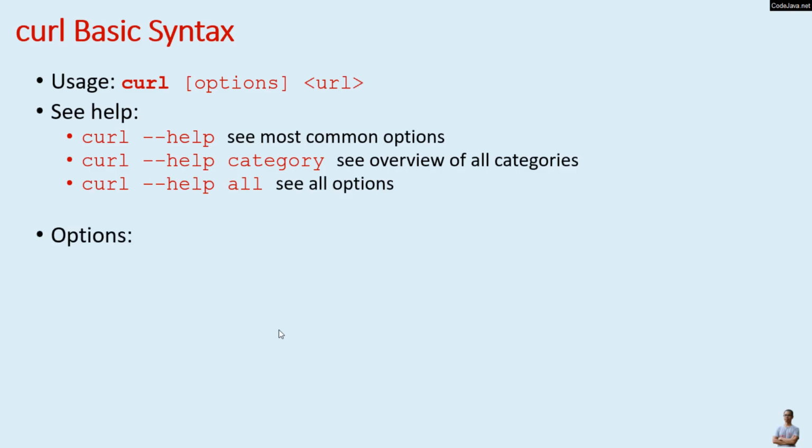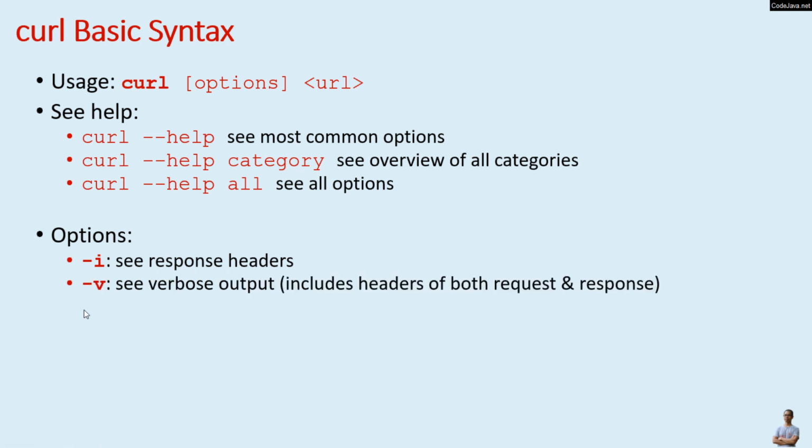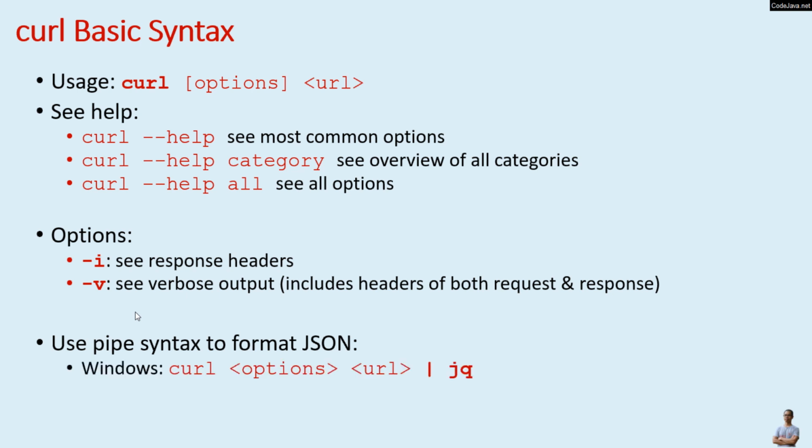Okay. And when testing REST APIs, you can use the option -i to see the response headers and -v to see the verbose output that includes headers of both request and response. And to format JSON in the output, you can use the pipe syntax like this.